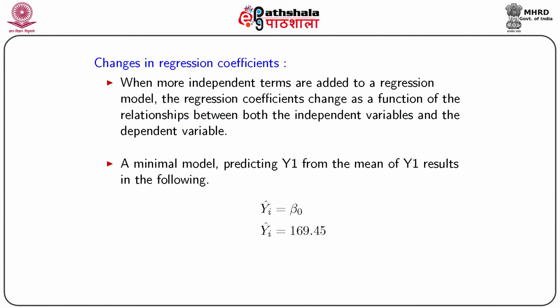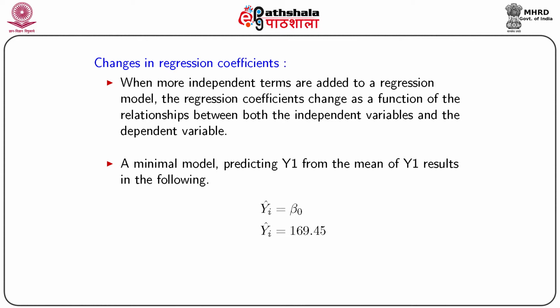Now let us look at the changes that occur in regression coefficients. When more independent variables or independent terms are added to a regression model, the regression coefficients change as a function of the relationship between both the independent variables and the dependent variable. Let us illustrate that using the example data that we have used.